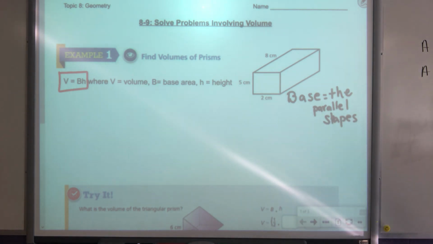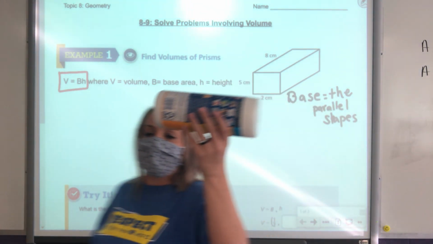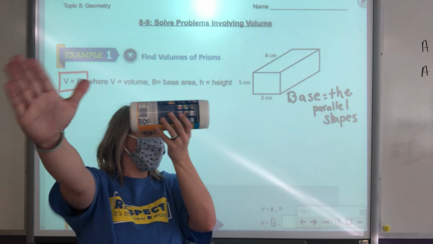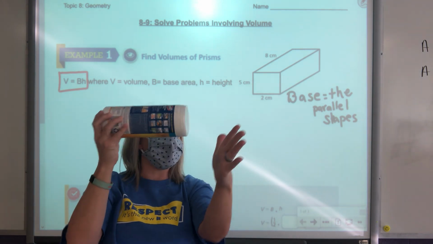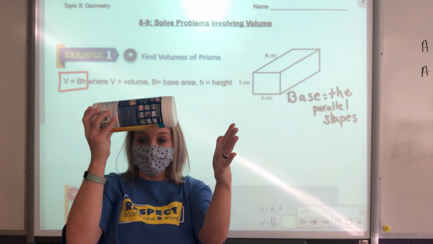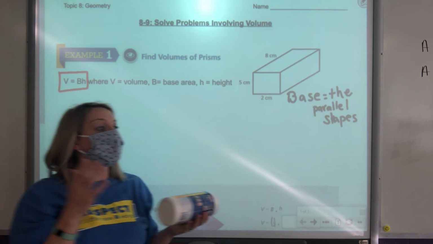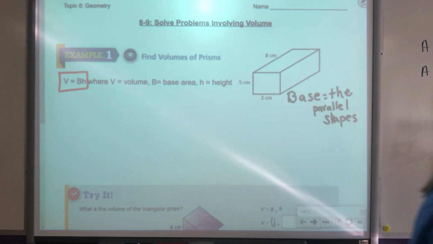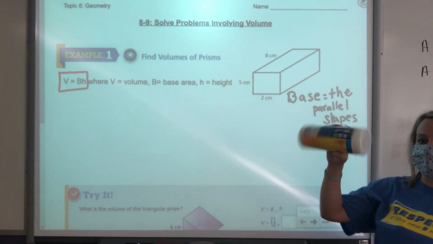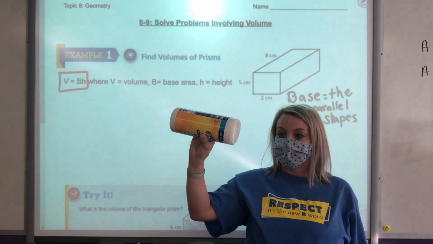The bases are the parallel shapes. So, which shapes are parallel to each other? So, on a cylinder, my circles are parallel to each other. That means if I were to extend these circles forever and ever and ever, would they touch? No, because parallel lines don't touch. So, on a cylinder, it's really easy to figure out which one are the bases, right?